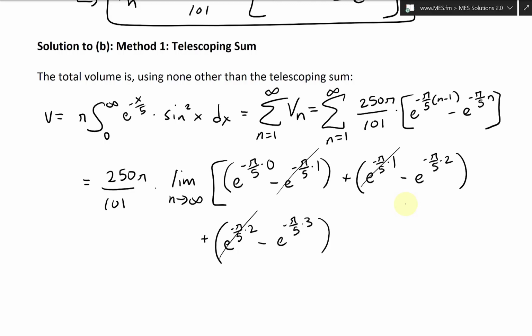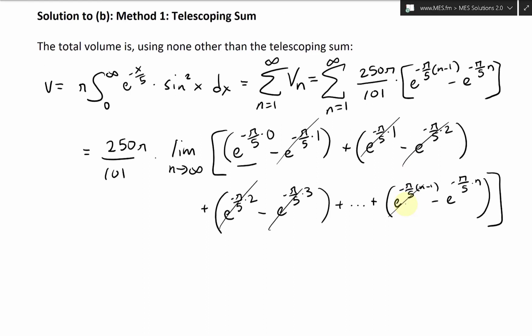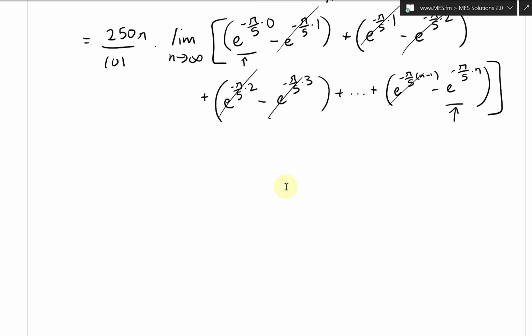And then this cancels with this, and obviously dot dot dot all the way to the nth one: e to the negative pi over 5 times n minus 1, minus e to the negative pi over 5 times n. Then I'll close the bracket, and again this will eventually cancel using the telescoping sum, and we're left with just this and this.